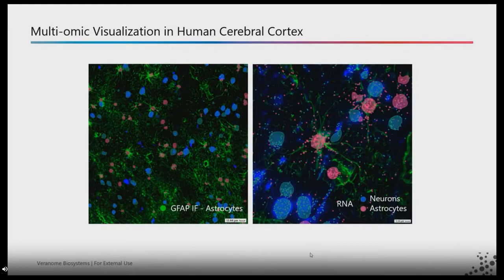One of the most interesting things about the system is that we can really turn this into a multi-omic tool. Again, just doing a small bit of analysis on the human cerebral cortex, you can see on these slides that the neuronal clusters are highlighted in blue, the astrocytes in red, and you can see on the left the immunofluorescence with GFAP, which is a strong astrocyte marker.